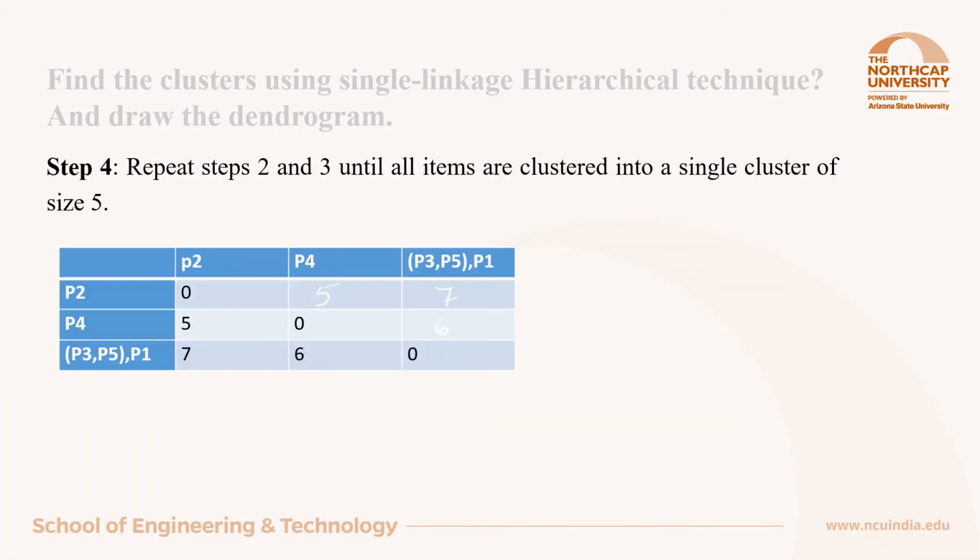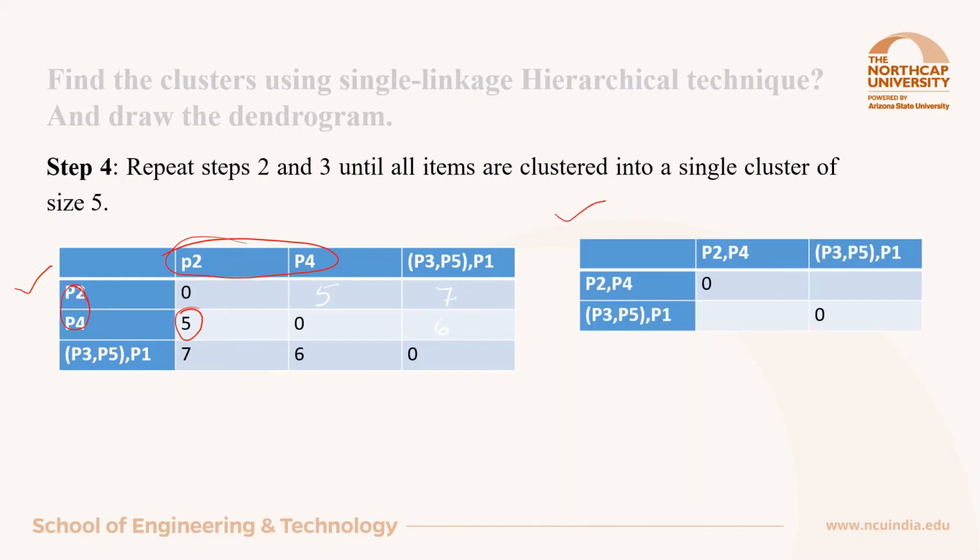Now again, from this matrix, find out the lowest distance, which is 5 here between P2 and P4. So we'll merge these 2 points together and my new matrix will look like this. And I have to find this distance, which is between the P2, P4 merged cluster and the other merged cluster. So this will be the minimum of either 7 or 6.